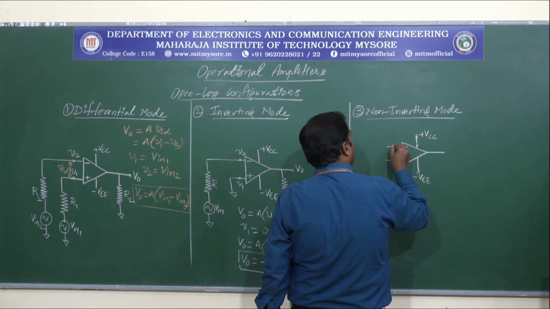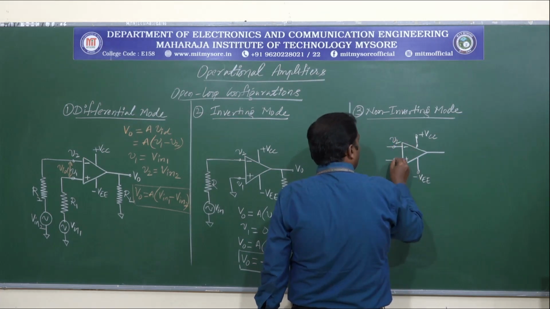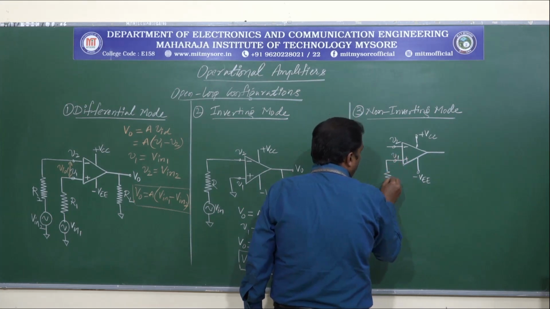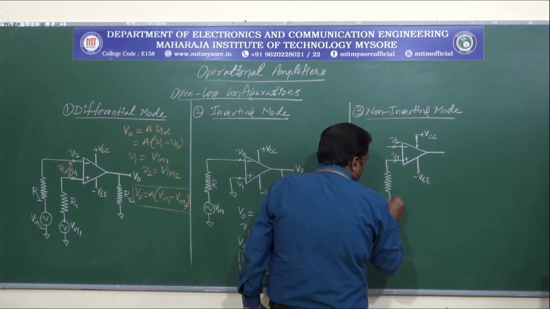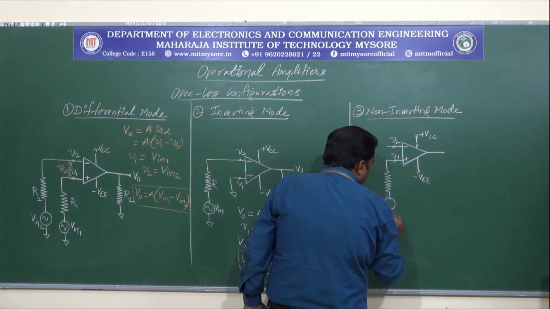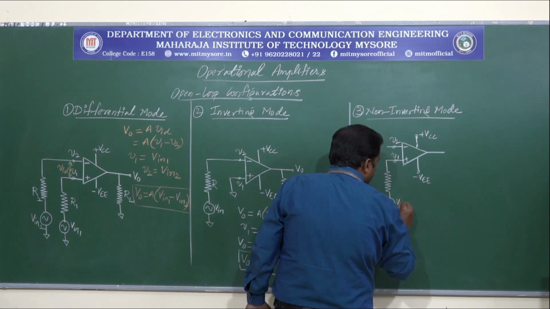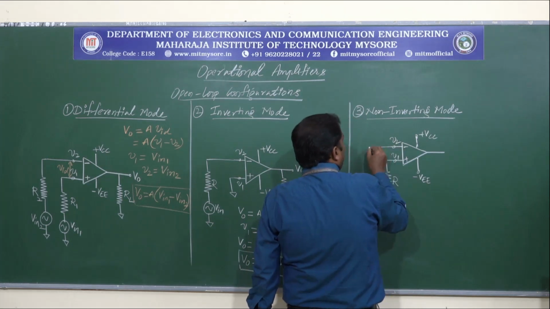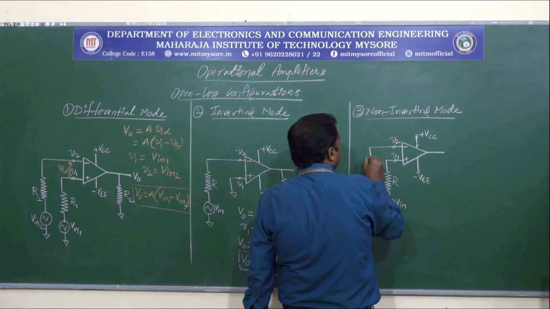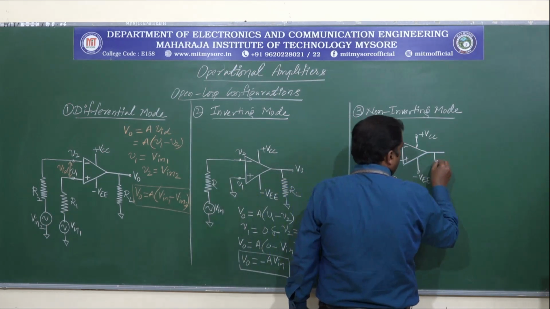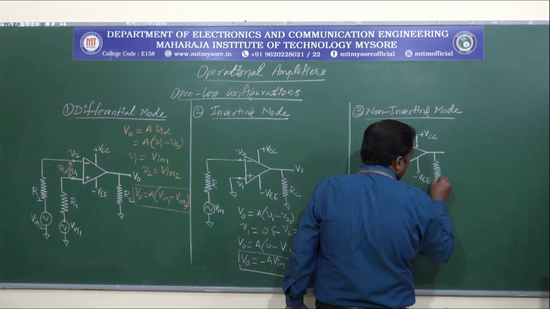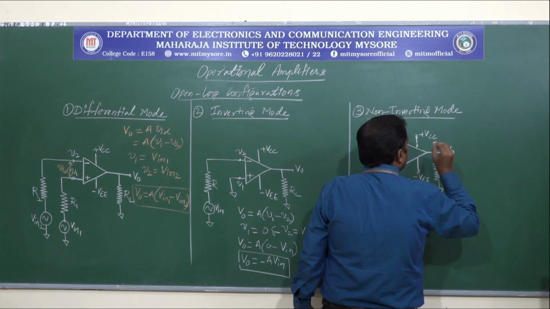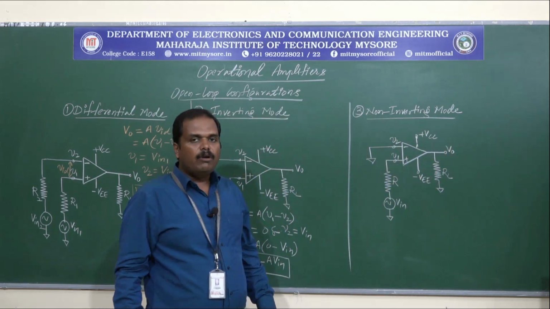The inverting input terminal is V2, the non-inverting terminal is V1. The input signal will be applied to the non-inverting terminal. So let this be Vin and this be R, and the inverting terminal will be connected to ground potential. Here we have a load resistance RL connected at the output terminal, and we consider the output voltage V0.